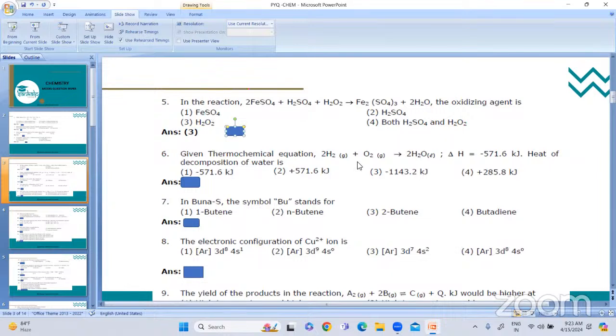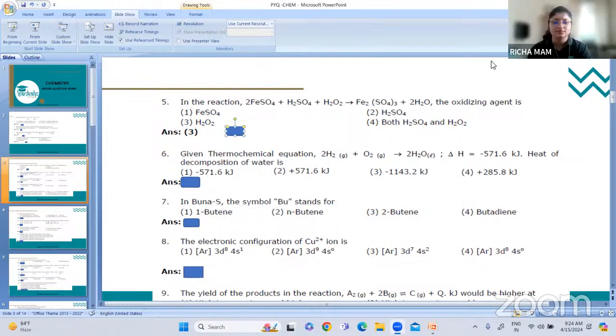Okay, Srishti has answered it as 3. Others, what is the answer? Fast.